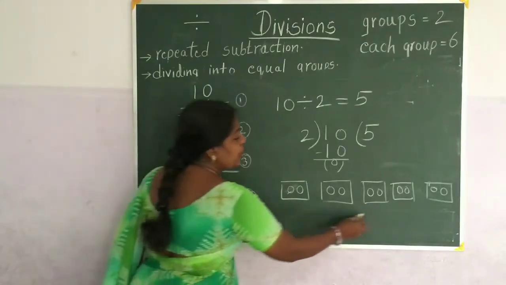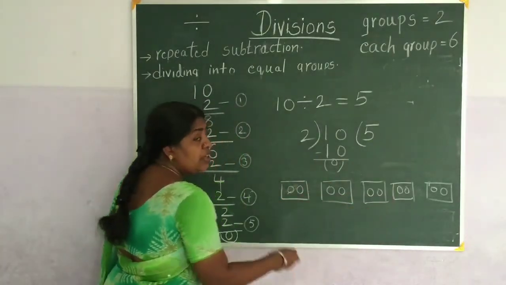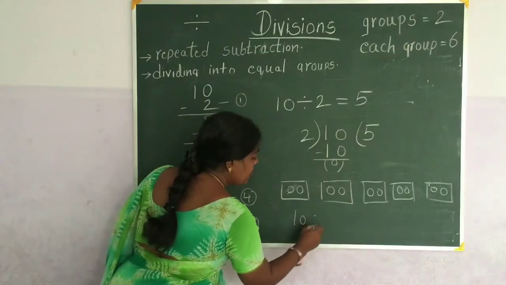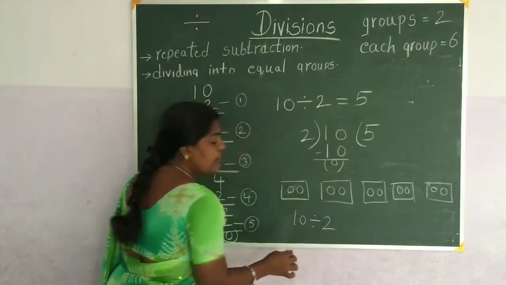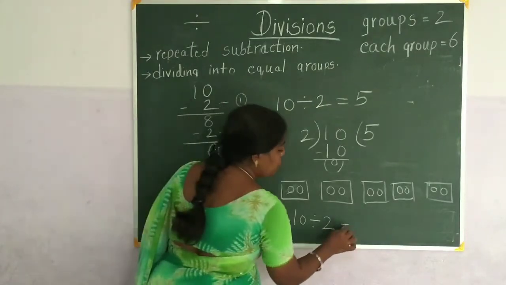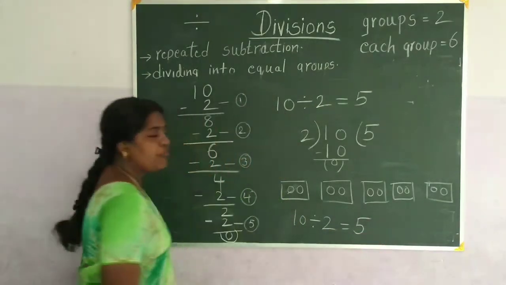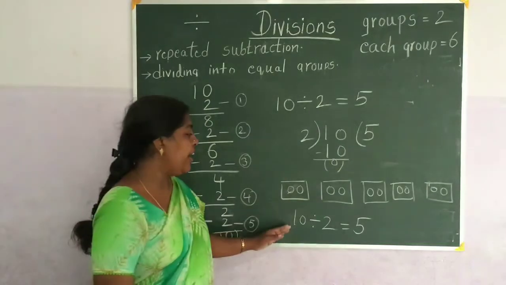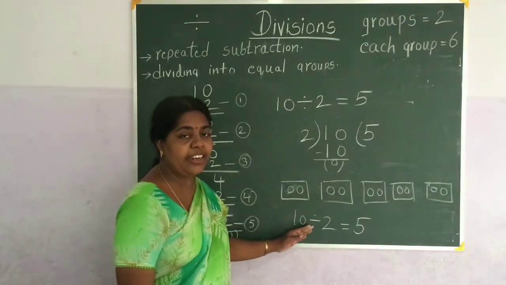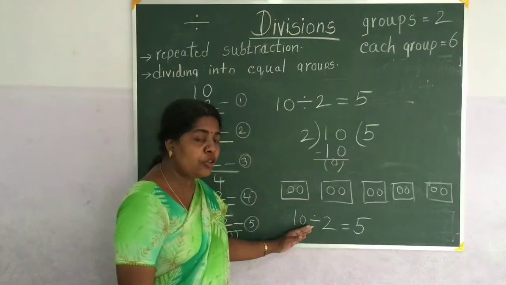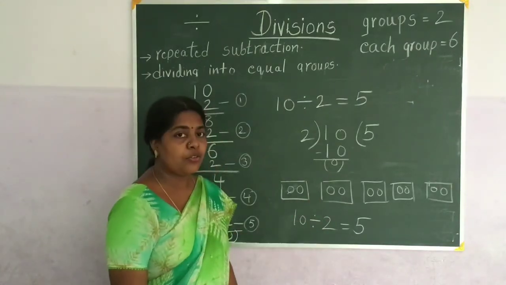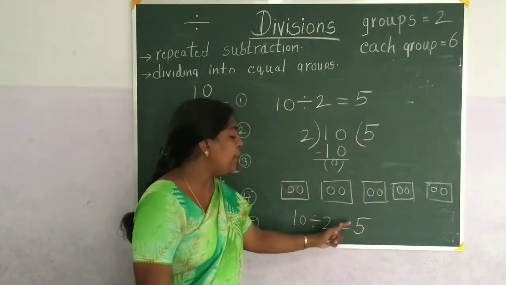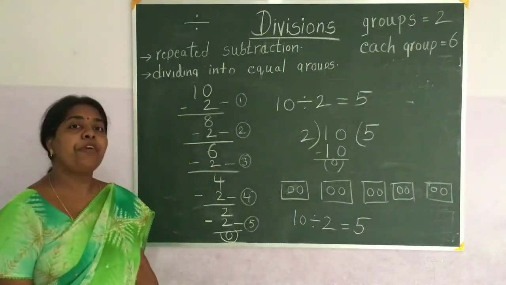So how many groups are here? The total chocolates are 10, are distributed equally. Each is getting 2 chocolates. So 5. So 10 chocolates are divided into 2. For each one I gave 2 chocolates. So for how many people I have given? 5 people.